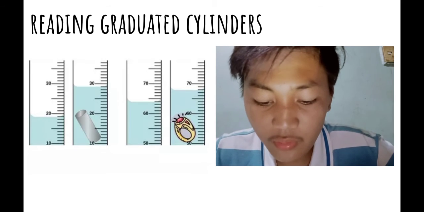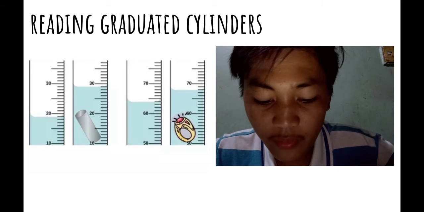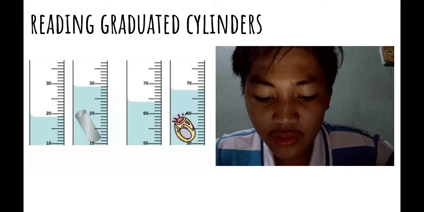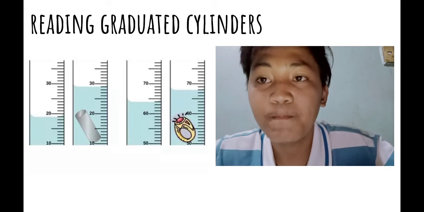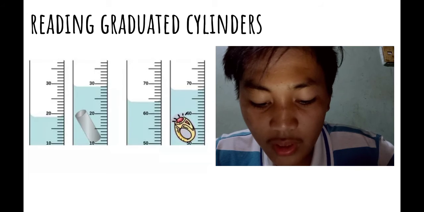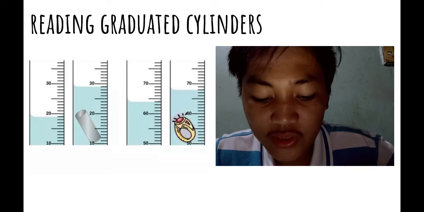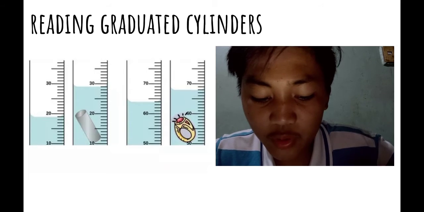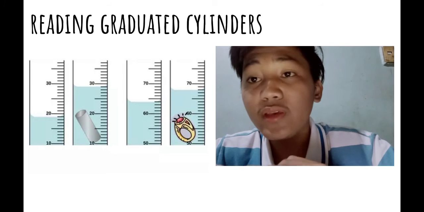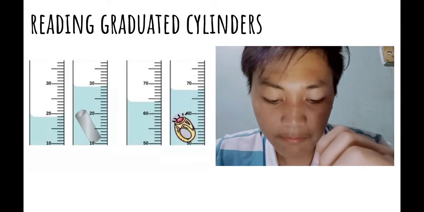If the center of the meniscus is not aligned with a pre-marked gradation, estimate the amount of additional liquid above the line. For example, suppose the amount of liquid measured in the graduated cylinder lies about 1/3 of the way between the third and fourth intervals between the 60 and 70 ml marks.